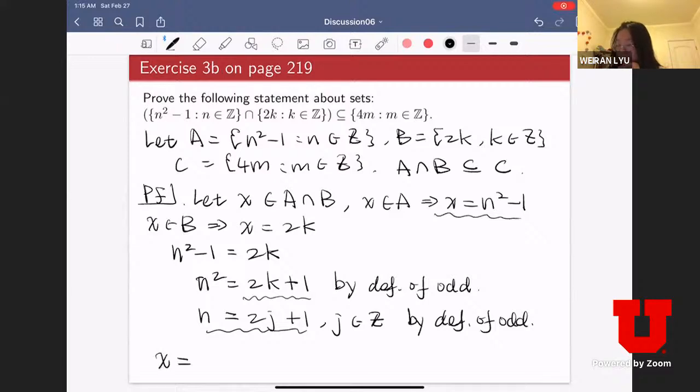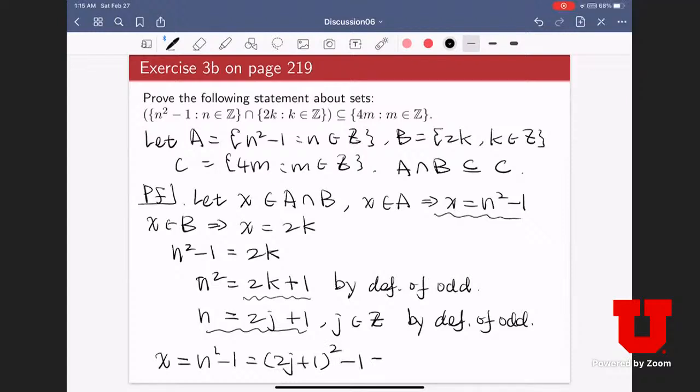So now we have x equals n squared minus 1, which is (2j plus 1) squared minus 1. Yeah, and then we get 4j squared plus 4j plus 1 minus 1, so it's equal to 4j squared plus 4j.